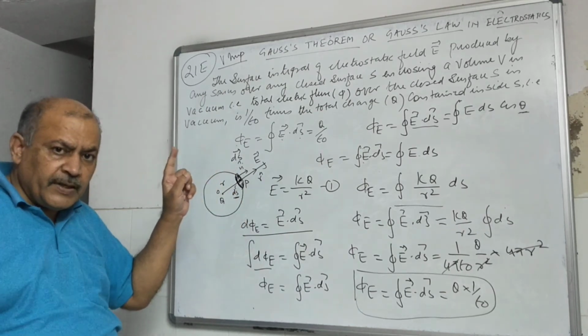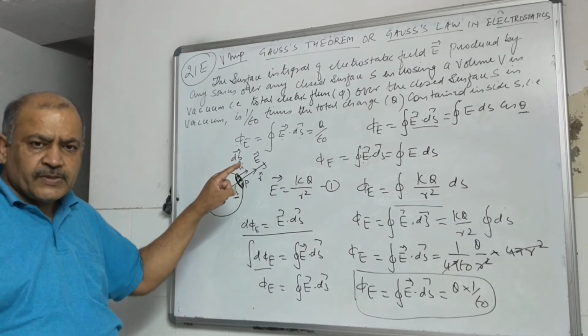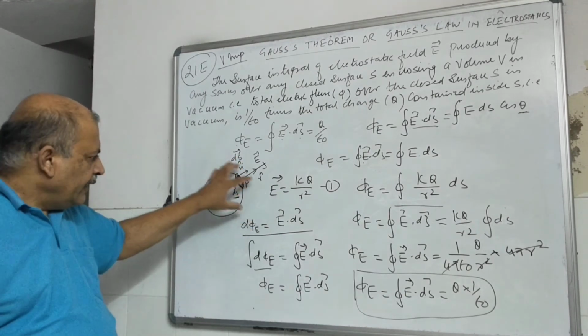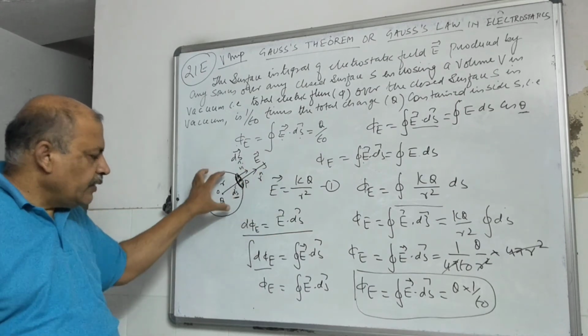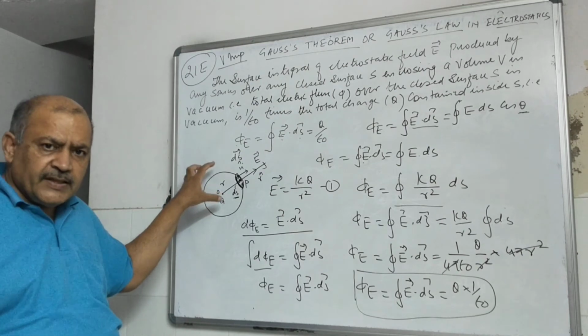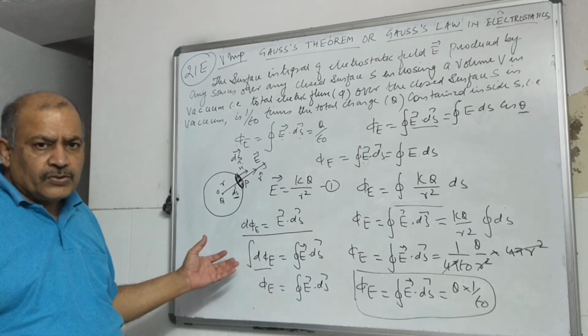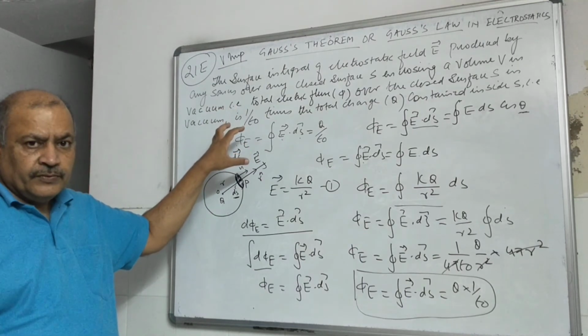This is a very important part. Charge enclosed into 1 upon epsilon naught, right? And this part of Gauss theorem we have proved only for a spherical Gaussian surface. Is it clear? In the next video we will talk about the applications of Gauss law. So this is the proof. Clear?